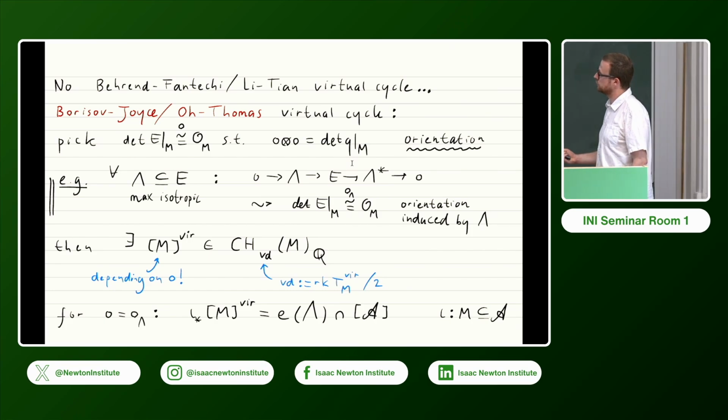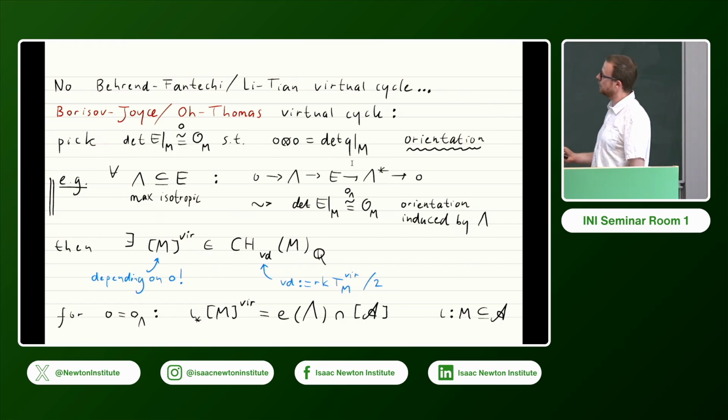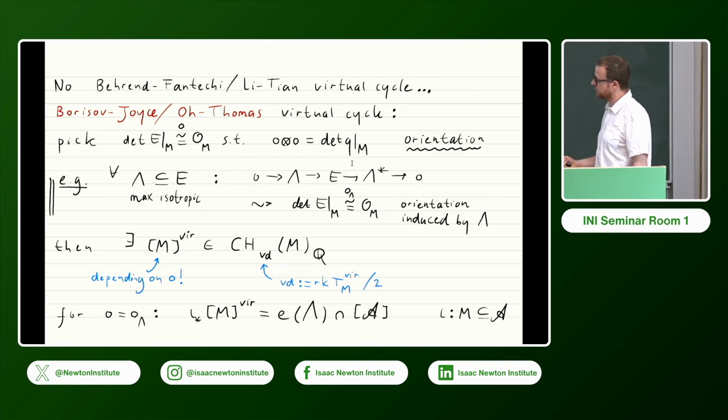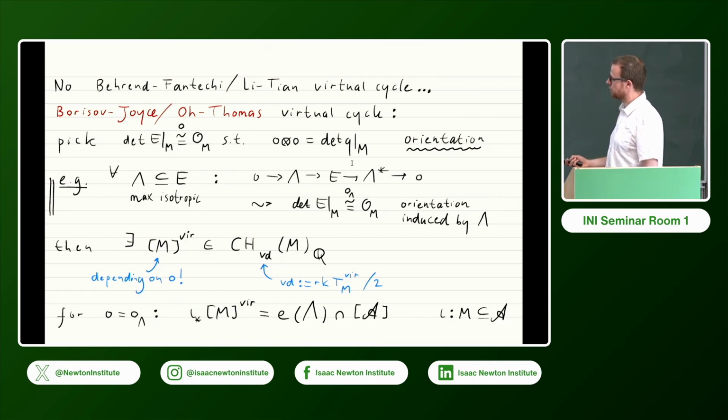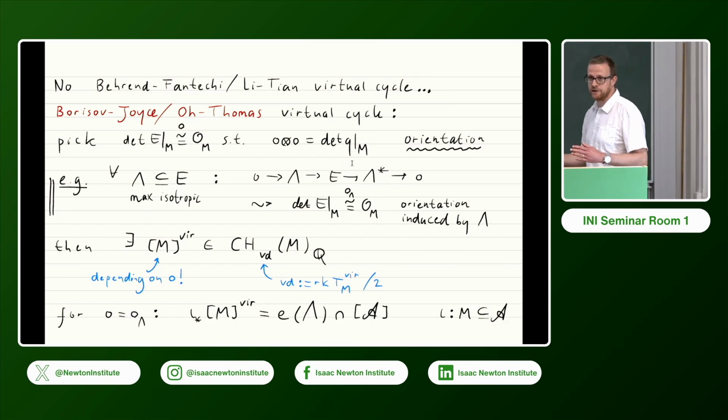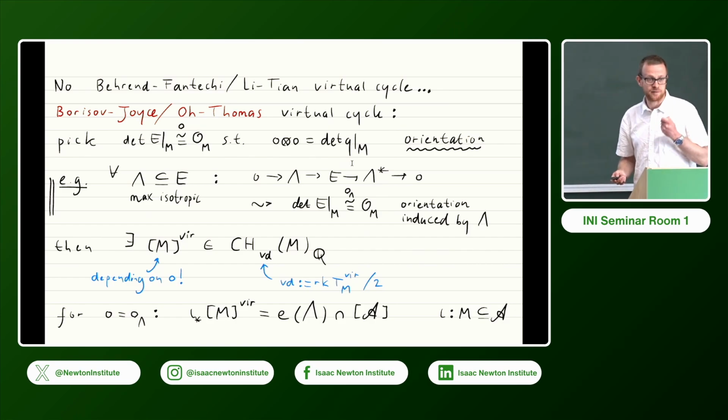So when you fix this data, they will produce for you a virtual fundamental class in the Chow group with rational coefficients. And the degree it lives in is half the rank of your virtual tangent bundle. I won't tell you in general what their construction is, but I will go into some detail on what it is after localization.